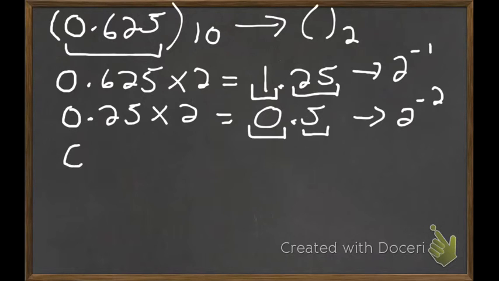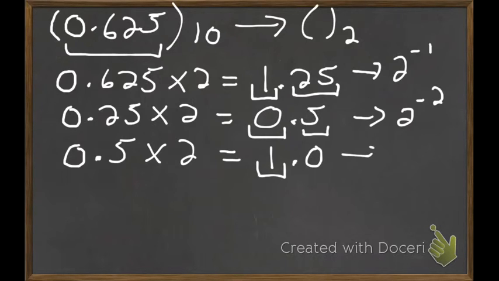Now we're going to do 0.5 times 2, which is equal to 1.0. This 1 corresponds to the 2 to the negative 3 placeholder. And since we have 0 here, multiplying by 2 isn't going to do anything, so we know that we can stop.